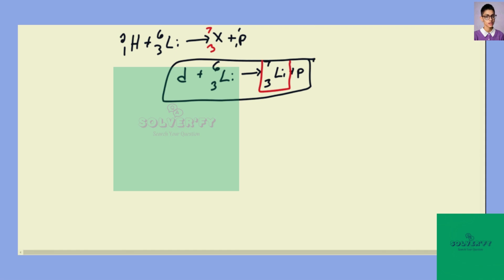And so for B, I'm going to write it out for you guys. It's asking what a stripping reaction is. And I'll write this in green.